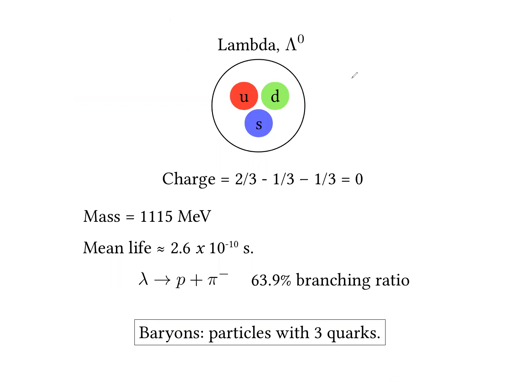We can make colorless combinations using only 2 quarks. I can take an up red quark and an anti-red, the opposite of red. We can combine these 2 quarks to make a particle also. If 3 quarks are involved, that particle is called a baryon, just like proton and neutron are baryons.